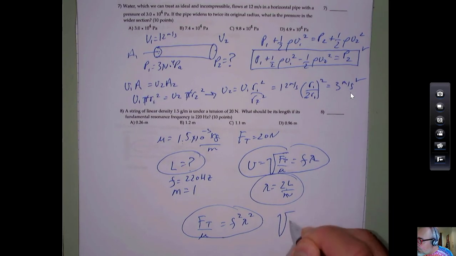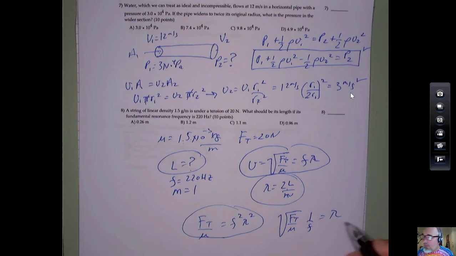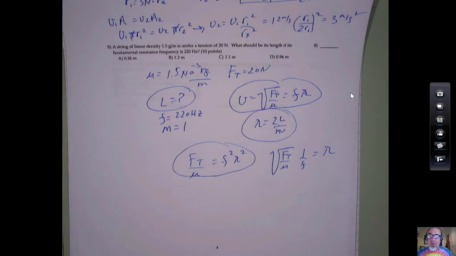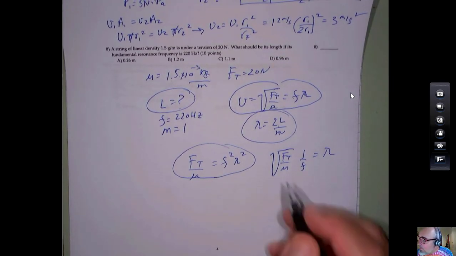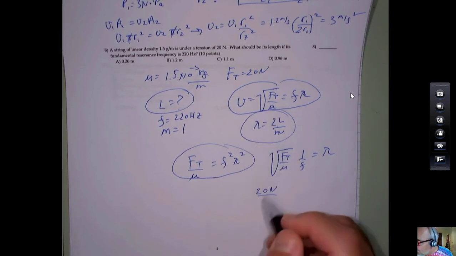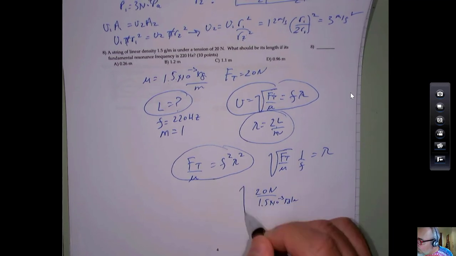So the tension divided by the mass per length, both of those under the radical, divided by the frequency is equal to the wavelength. Maybe I'll put the numbers in on this one. The tension, 20 newtons, mass per length 1.5 times 10 to the minus third kilograms per meter, under the radical.